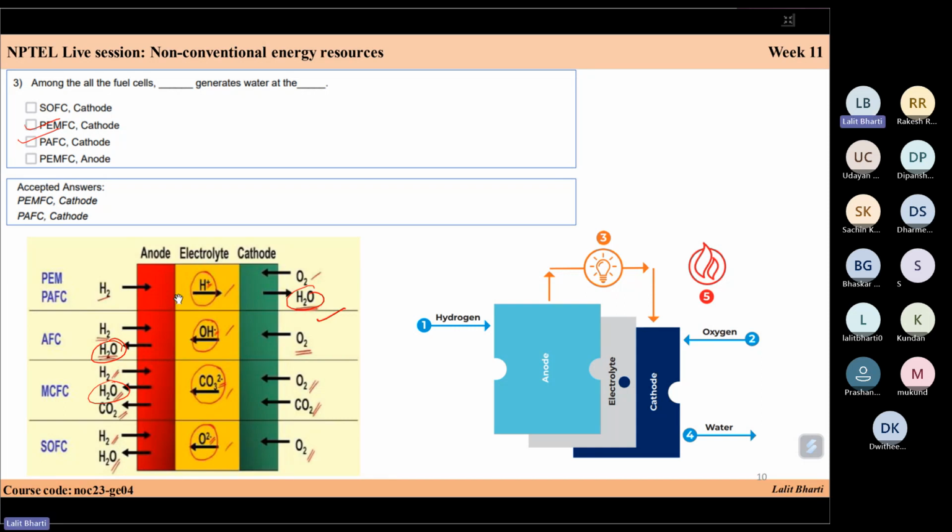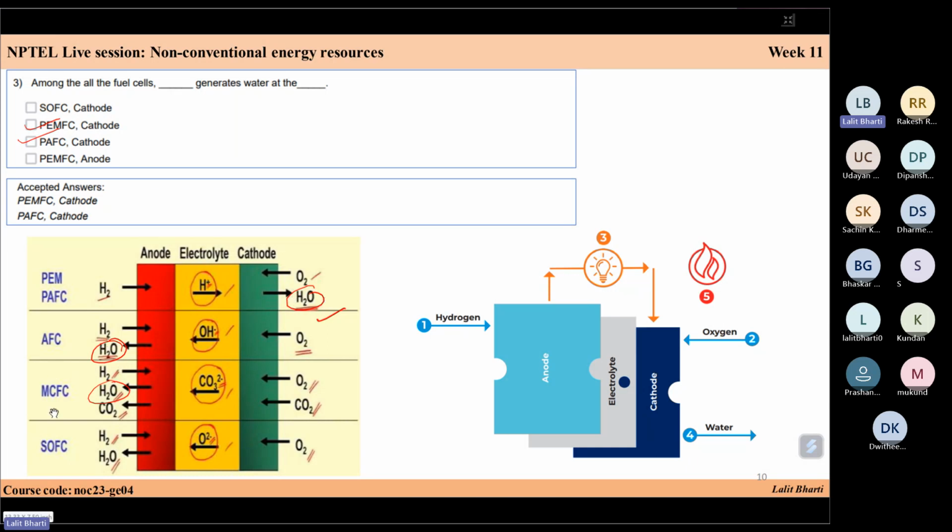In proton exchange, your proton will go from the anode to the cathode, because at the anode you have H2 only, which is your source of protons. So H2 will be converted into H plus, and then this H plus will move to the cathode, and it will react with the oxygen ions, and you will get H2O.